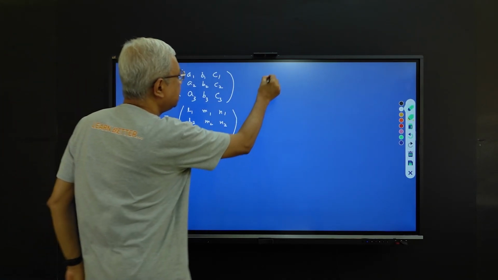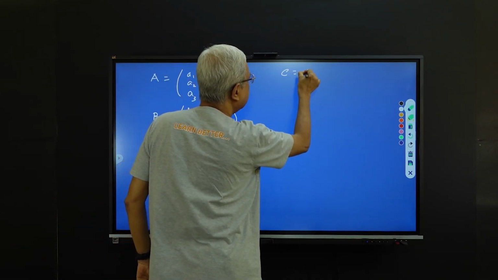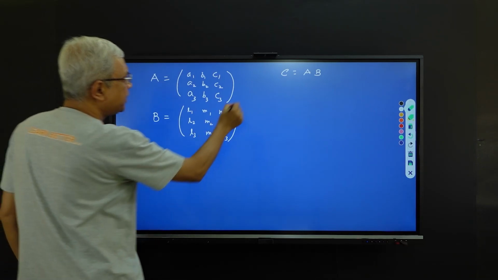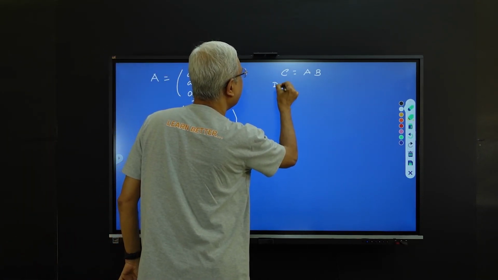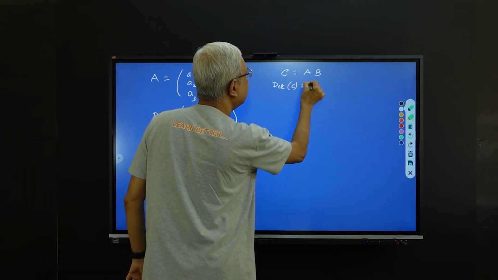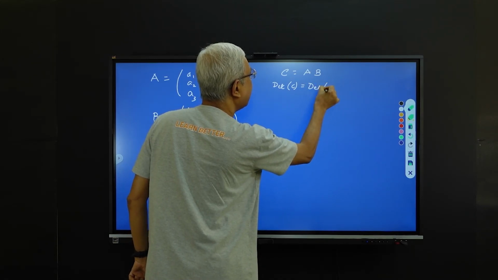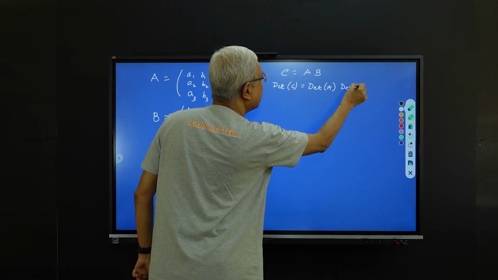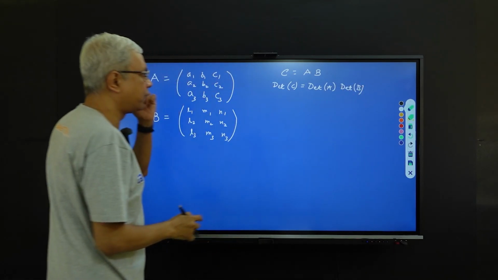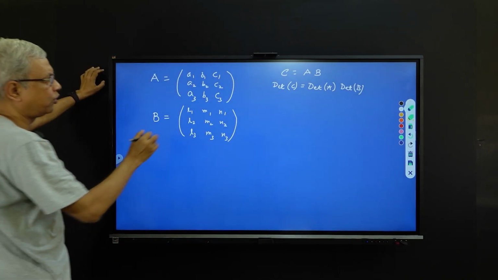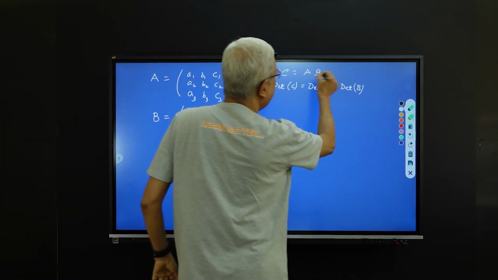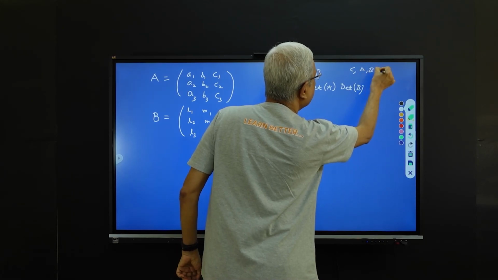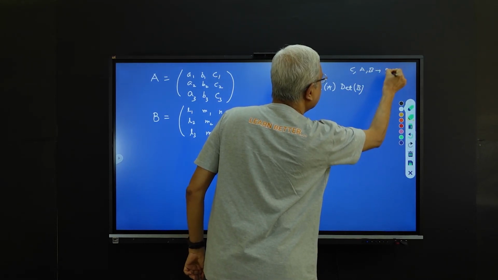Then C is another matrix, A times B. Then the determinant of C is equal to the determinant of A into the determinant of B. That is also an important property of matrices.